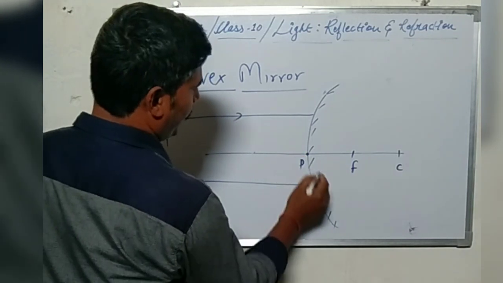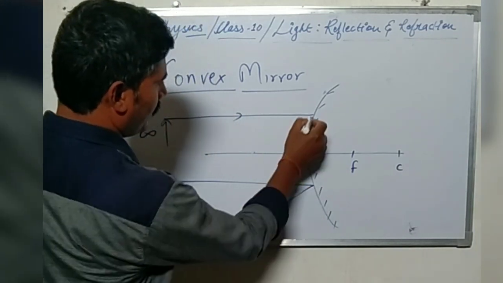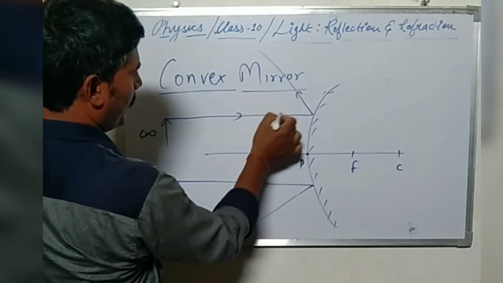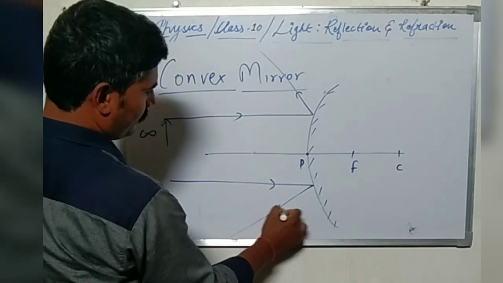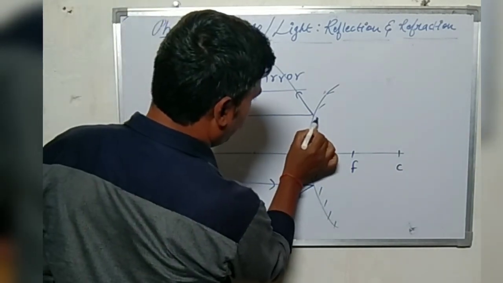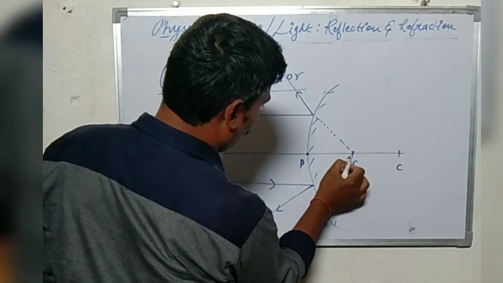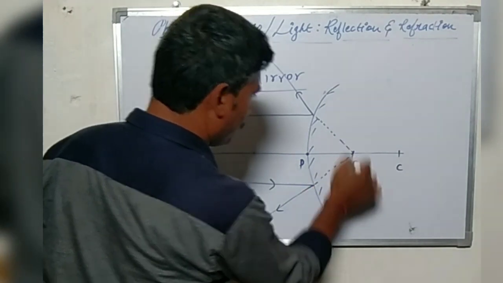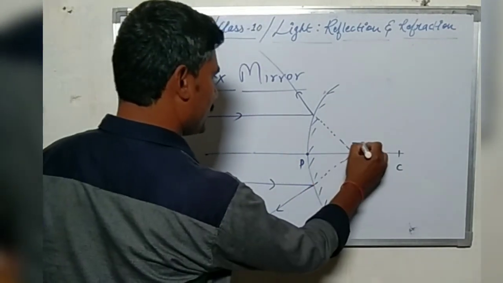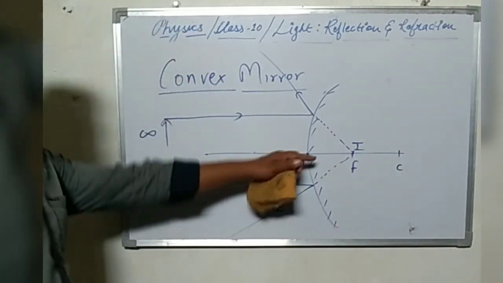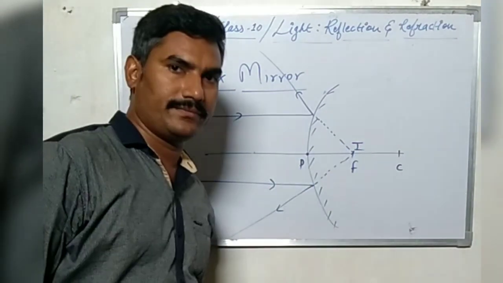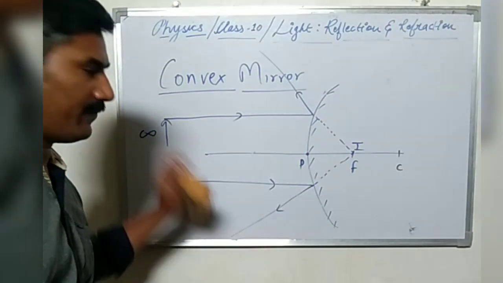After getting reflected, it will be directed like this, and it appears that it is sourced from a point, and that point is the principal focus. This is the point where the image will be obtained. This will be our first case.